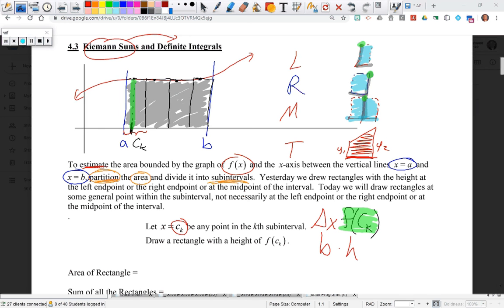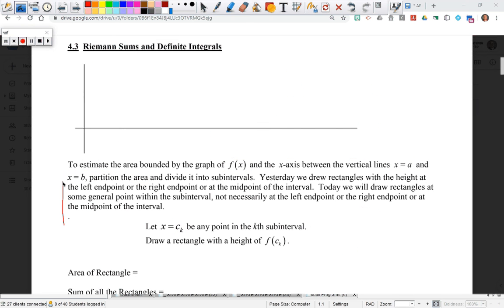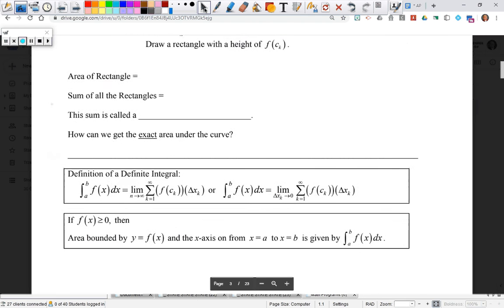Ultimately, how many rectangles do I need so that I have the perfect area with no over approximation or under approximation? I need an infinite number of rectangles. You can't count them. I need an infinite number of them. So there's a bunch of these rectangles that are going to be added together, and that's where we come in with this notation right here. Okay?